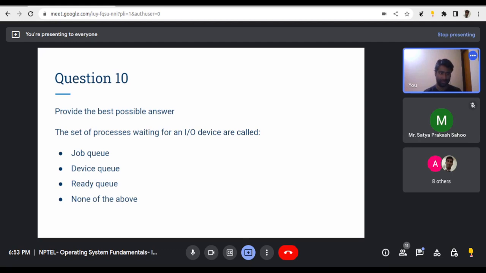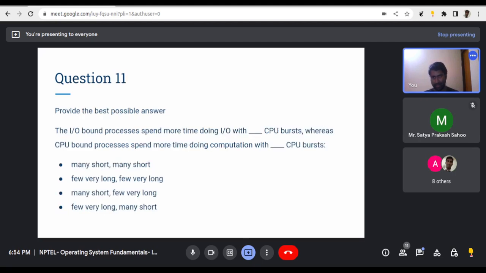Anyway, let's move on to the answers. So yeah, device queue is right. So once it is in the waiting state, it is present in the device queue or waiting queue, where the process waits for the IO operation completion, and then it can move on to the ready state again. That is the ready queue. Okay. Anyway.